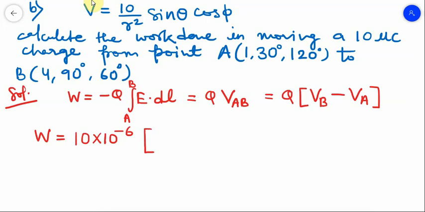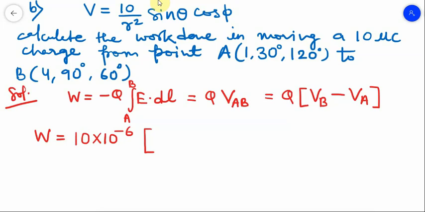And then what is VB? V is already given, 10 upon R square sin theta cos phi. If we put the coordinates of point B into this V, that will be VB, and if we put the coordinates of point A into this V, we will get VA. So obviously VB minus VA we can very easily calculate.